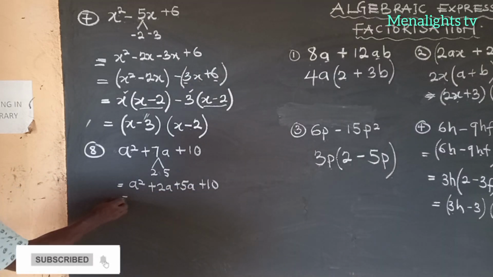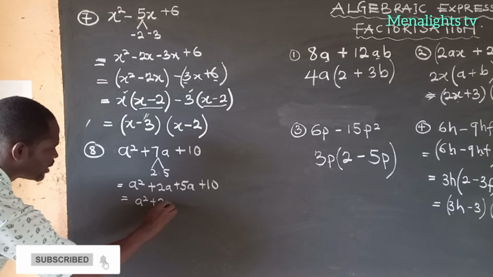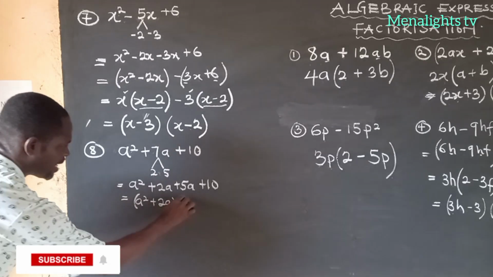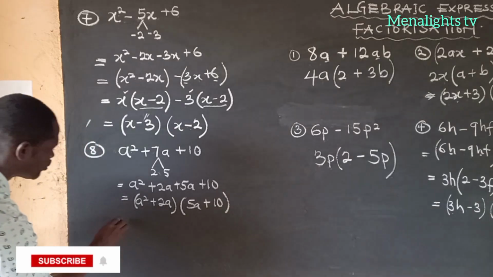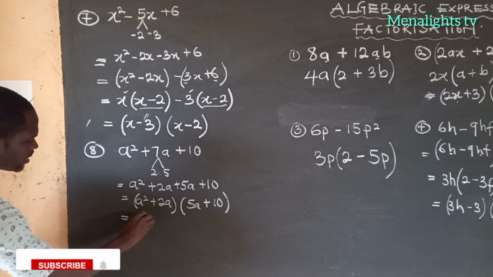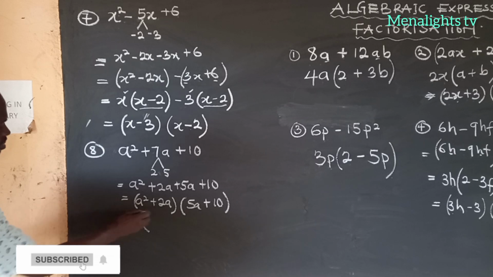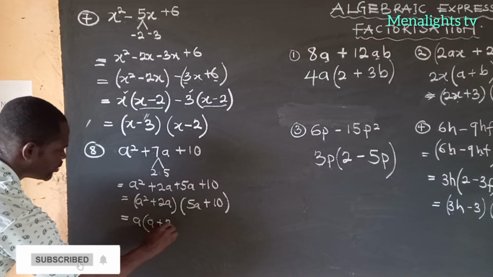Now you group them in 2, so a squared plus 2a into one bracket, then another bracket 5a plus 10. So here what we have in common is a. Since we take one a out, we have another a left. So we multiply again, a squared plus 2a gives a times a plus 2.